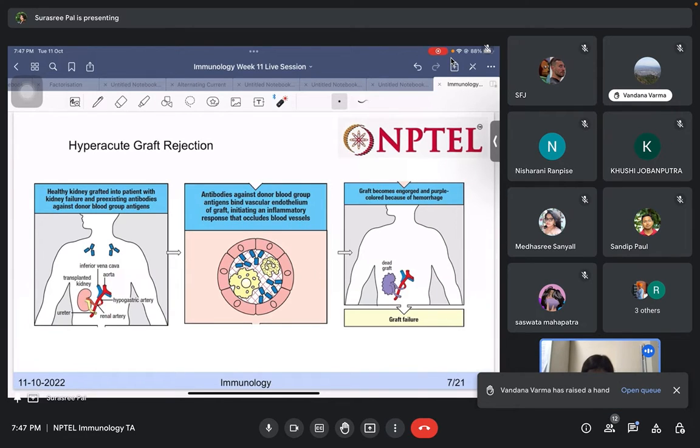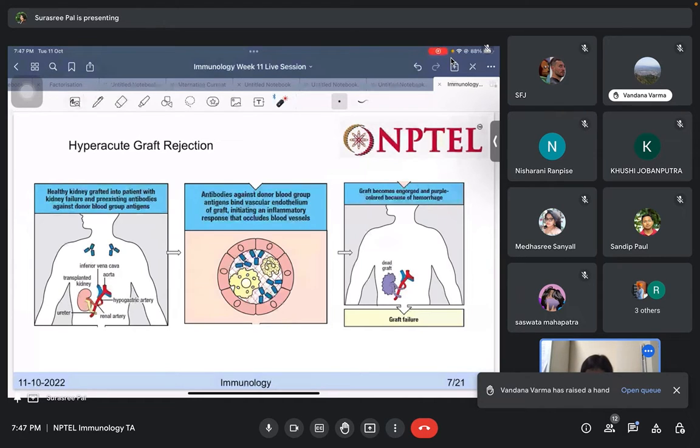It causes thrombosis of the graft and deoxygenation, so it leads to rejection. This problem can be avoided by ABO blood group matching and also Rh antigen matching between the donor and the recipient.